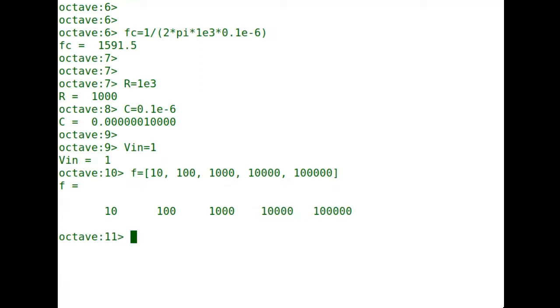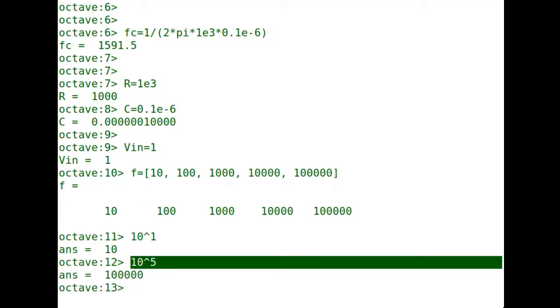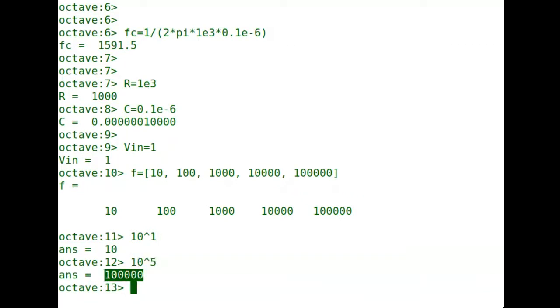10 to the first is 10, and 10 to the fifth, where the caret means to the power, is 100,000.